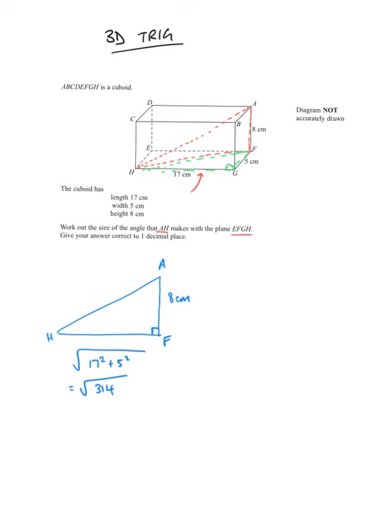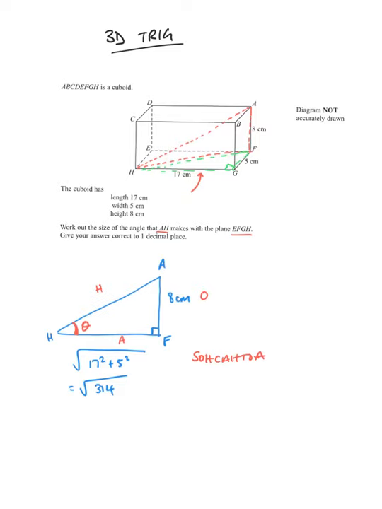Now it's just normal SOHCAHTOA. I need to find this angle in here, because that's the angle that AH makes with the plane. I'm going to use my normal rules for SOHCAHTOA. Let's label it up. That's the opposite, that's the adjacent, and that's the hypotenuse.